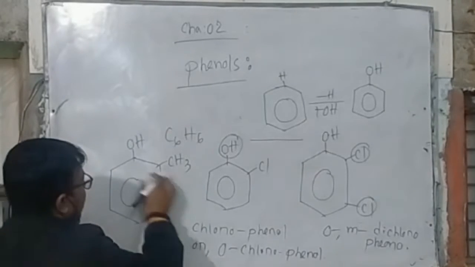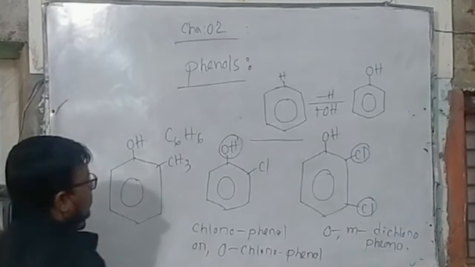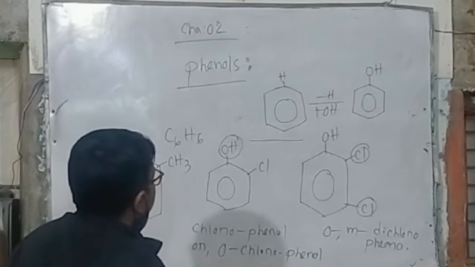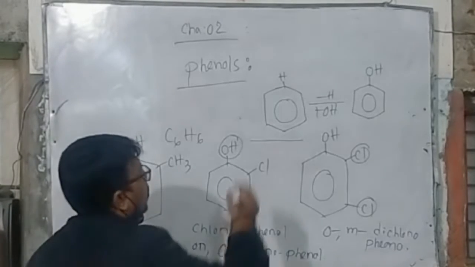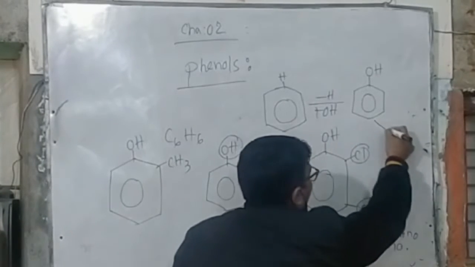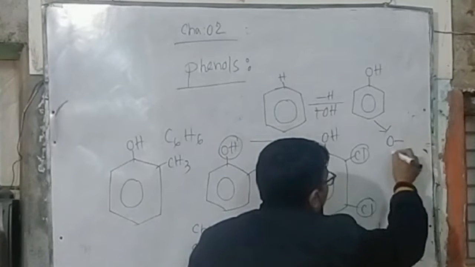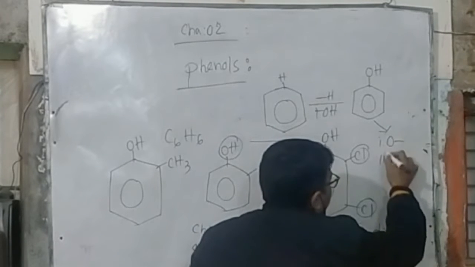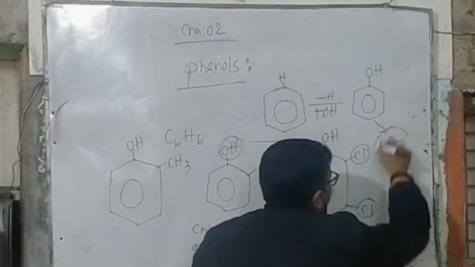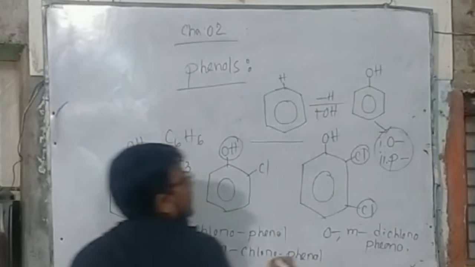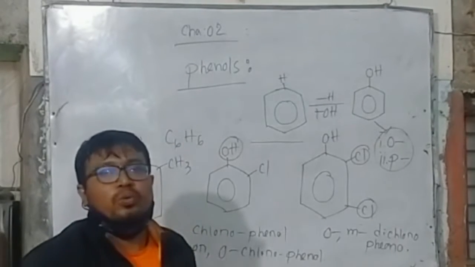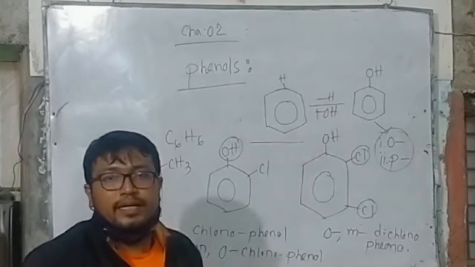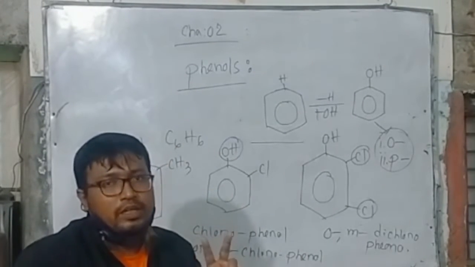Basically, phenol is an ortho-para director. Ortho and para director means the second substituent will enter the second position and the fourth position.